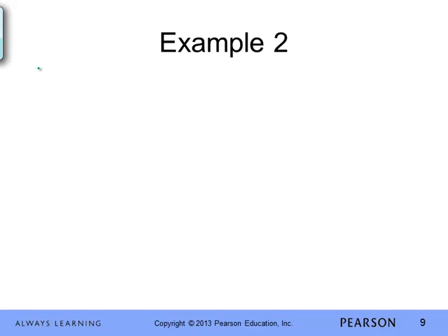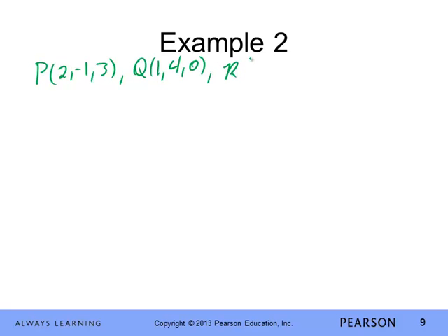So let's write down the coordinates of these 3 points. We have a point P, which is 2, comma, negative 1, comma, 3. We have a point Q with coordinates 1, comma, 4, comma, 0. And a point R with coordinates 0, comma, negative 1, comma, 5.